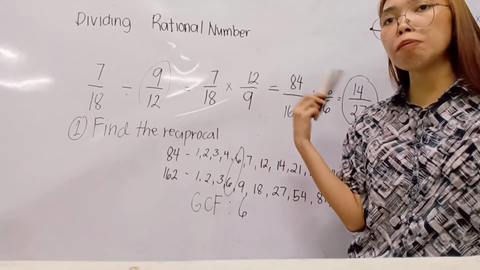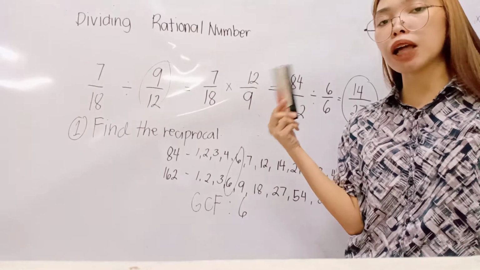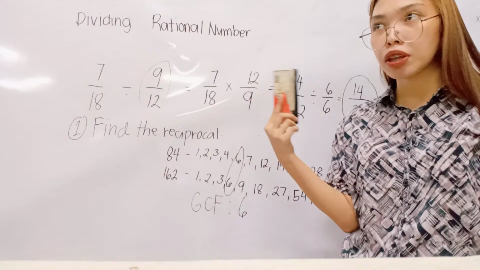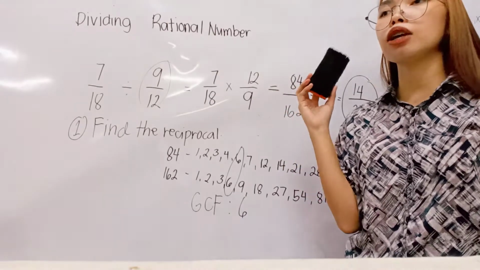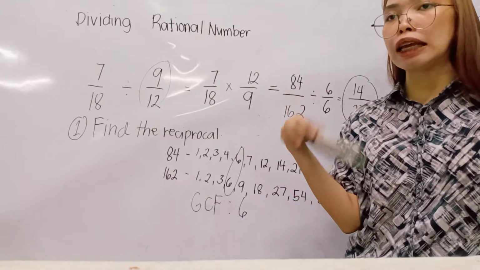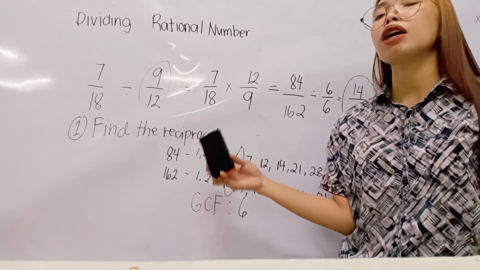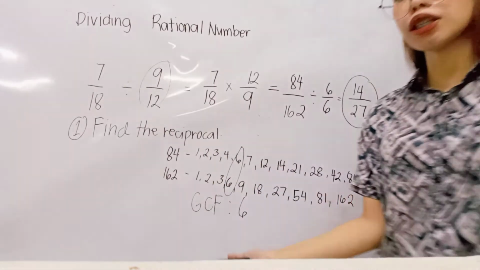So we are going to apply the process of multiplying fractions. So we have to directly multiply the numerator to numerator, denominator to denominator, and then simplify the answer. Okay?